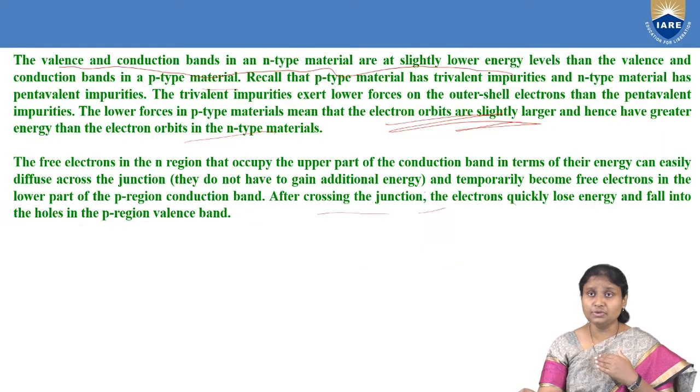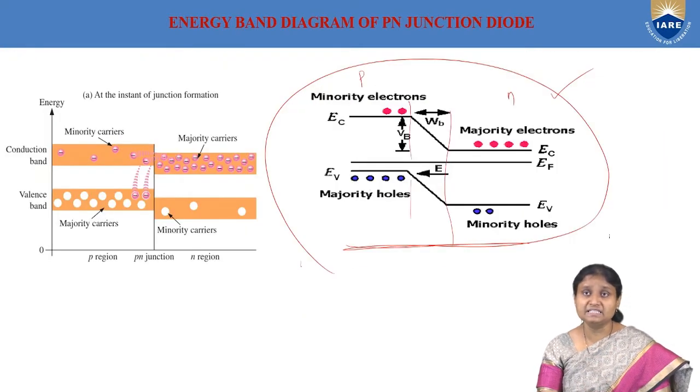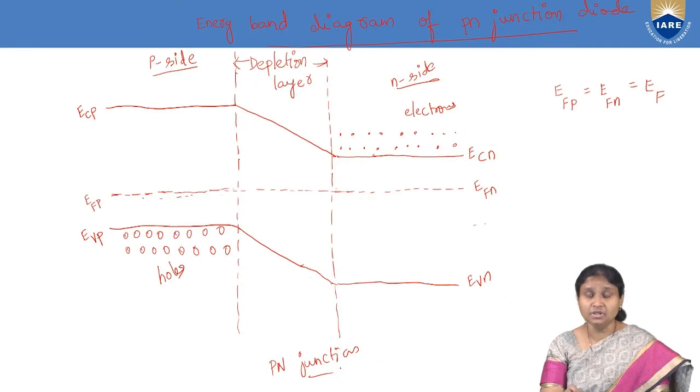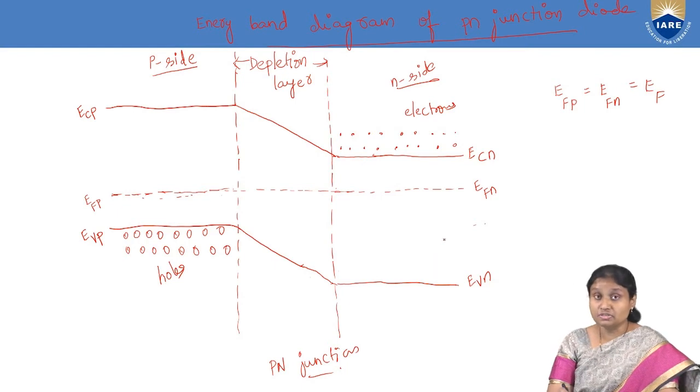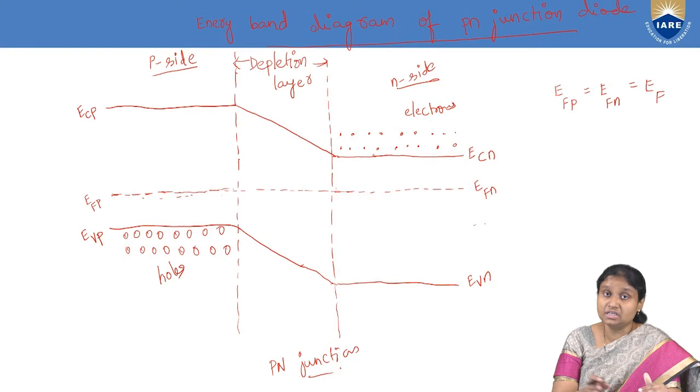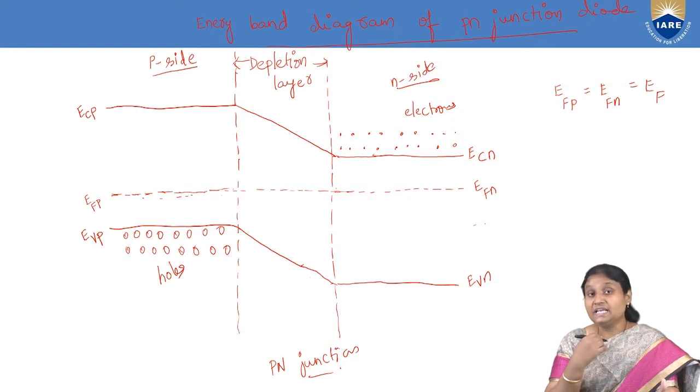So when we talk about the P side and N side of this P-N junction diode, in the N region there is lowering of the conduction band and valence band. And why is there lowering? This is because of diffusion of electrons from the N side to the P side and losing their energy to holes.